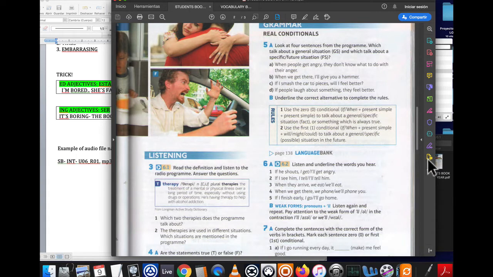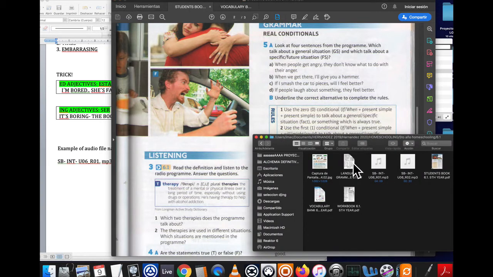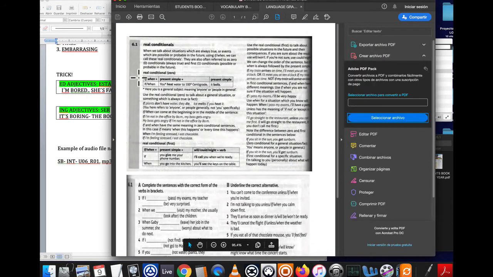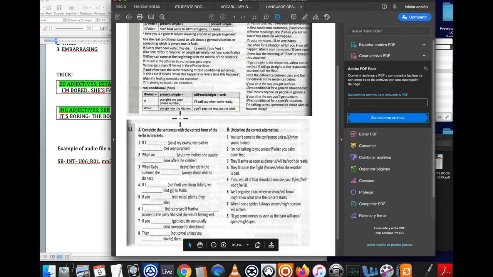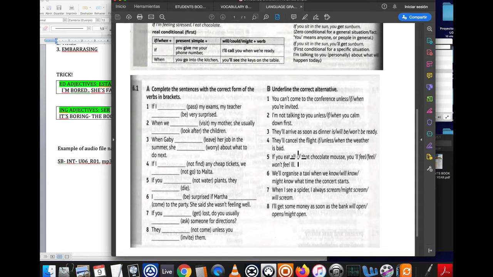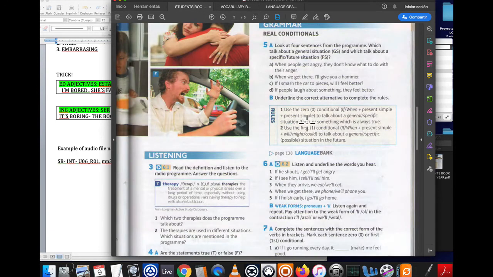Yes? Then you have the language bank. Language bank is also attached there. There are the explanations here, and these are the exercises. Please do the exercises and send them in the page. Everything has to be in only one Word document, okay?